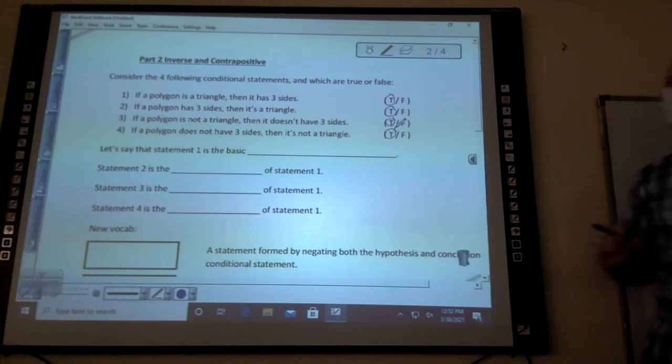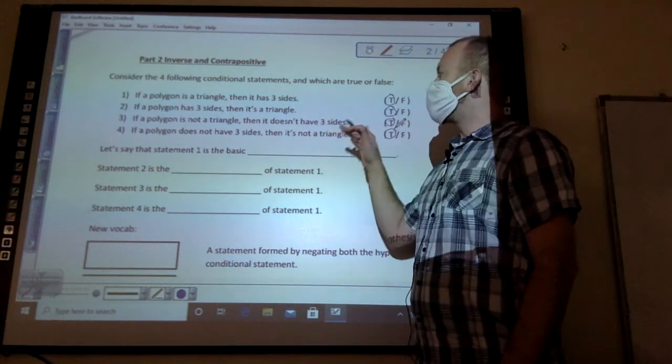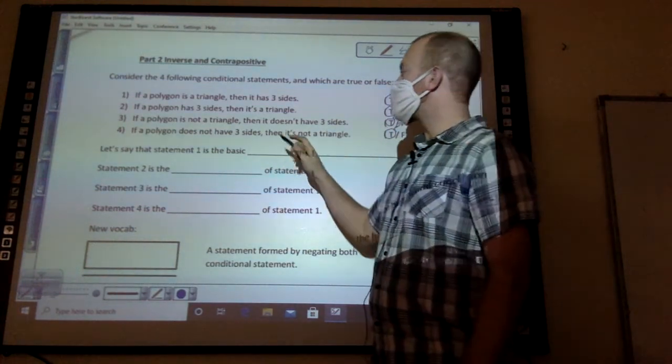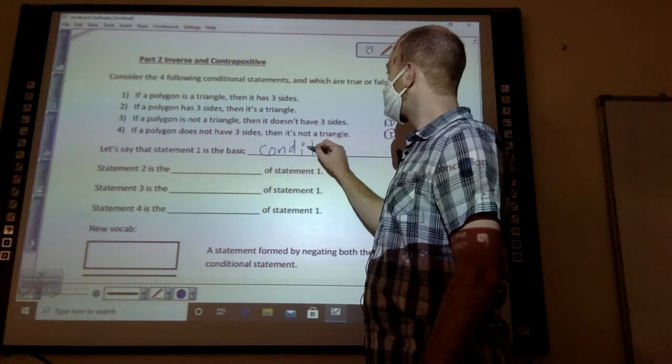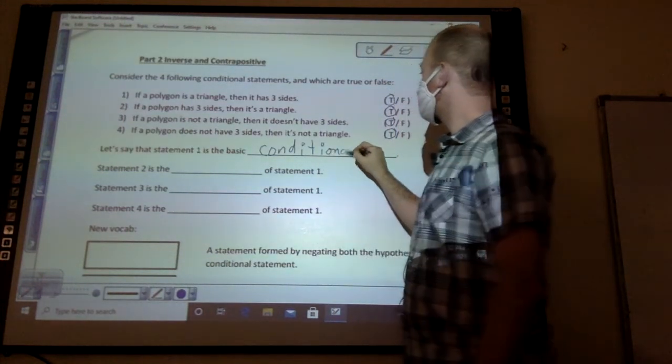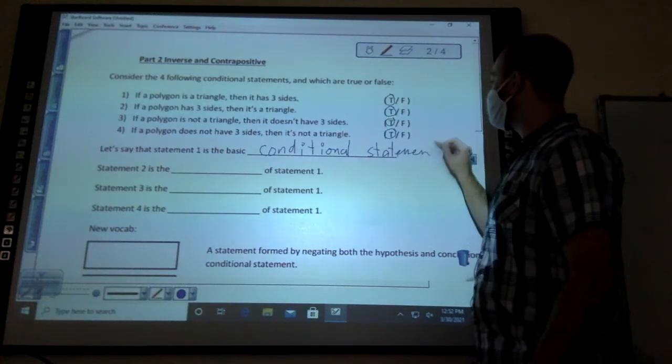And these are actually different kinds of statements. The first 2 we've actually looked at already. The first one is our basic conditional statement. This is what we started with.